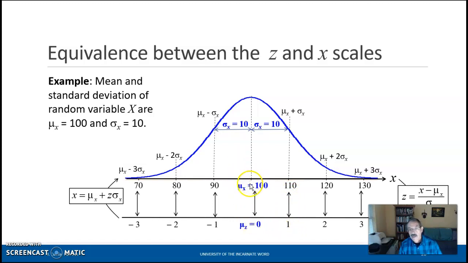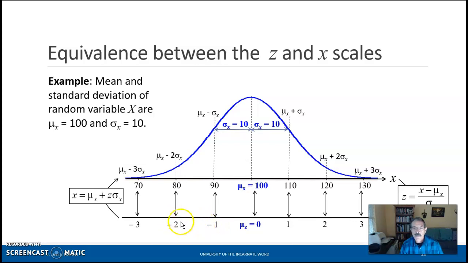And the mean, you can see, 100 minus 100 is 0, divided by 10, well, is 0. And that's why the mean of the z-scale is 0. Now, if you take the mean minus 1 standard deviation and divide it by the standard deviation, then you see that gives you minus 1.